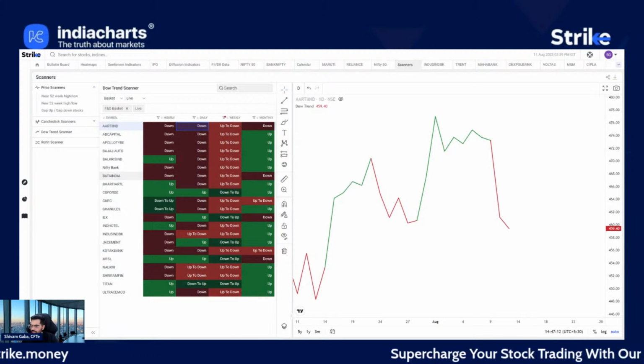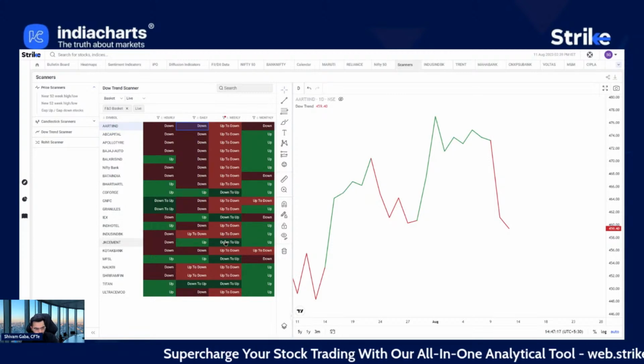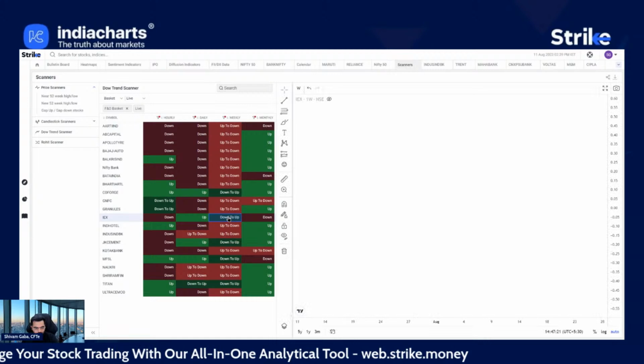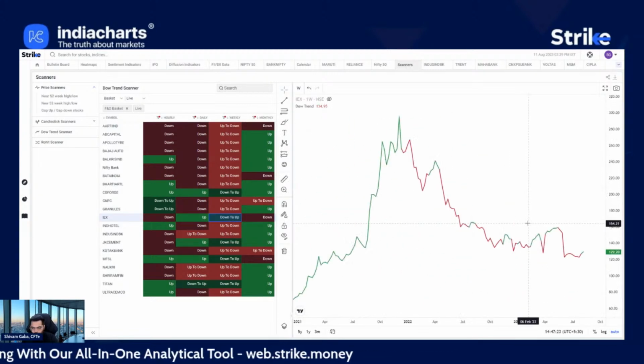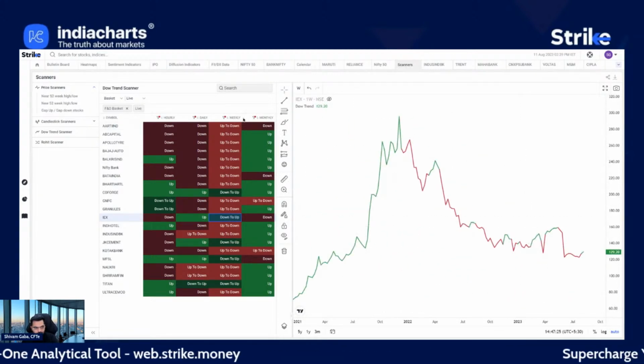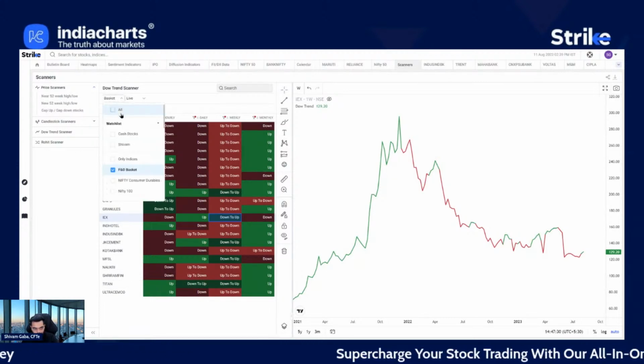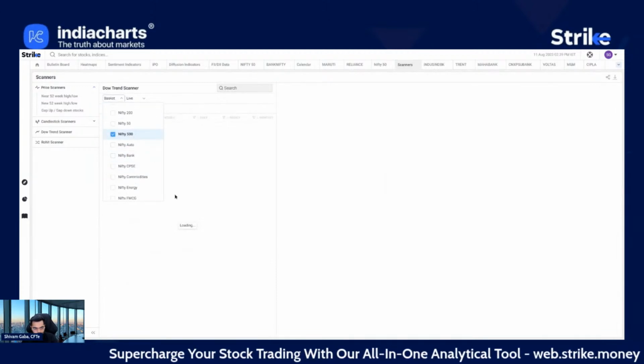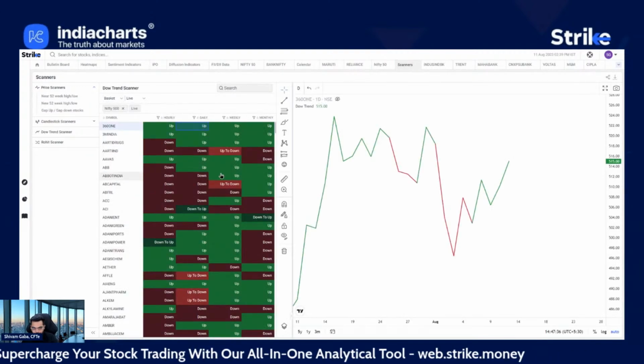That is, the trend is changing from up to down, and a few are down to up as well. So next, similar analysis you have to do based on what you want to trade in. Right now these results are few because I have selected only the FNO basket. If you are a cash market trader, you can select a broader index like Nifty 500 and get your signals.